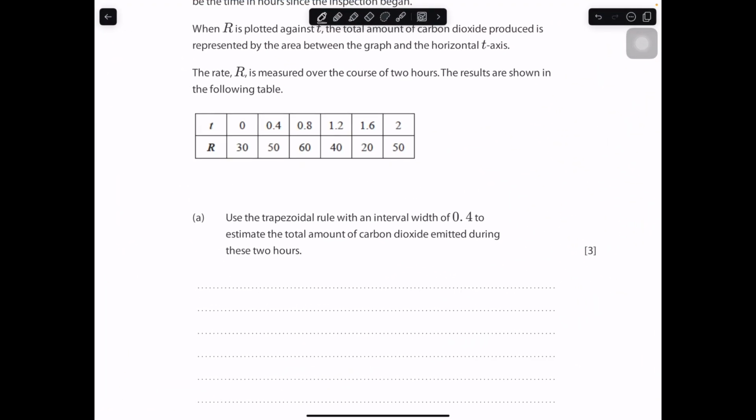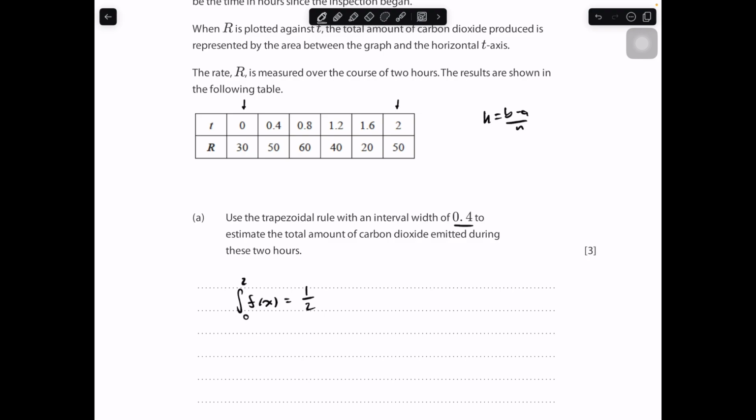Okay, so use the trapezoid rule with an interval of 0.4. If we're going from 0 to 2, we're finding an estimate for the area under the curve of some function f of x from 0 to 2. And we know it's going to be 1/2 h, where h is equal to b minus a over n, the number of intervals. So interval is 0.4.